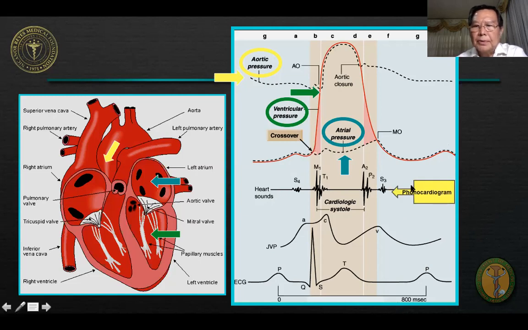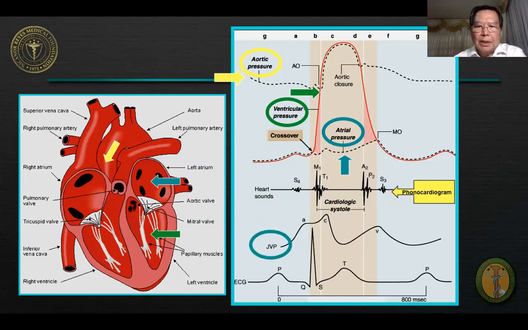So this is your phonocardiogram, which would give us the components of the heart sounds. These are your first and second heart sounds, and perhaps some abnormal sounds, which are your gallop sounds, or your S3 and your S4, which are your gallop sounds.